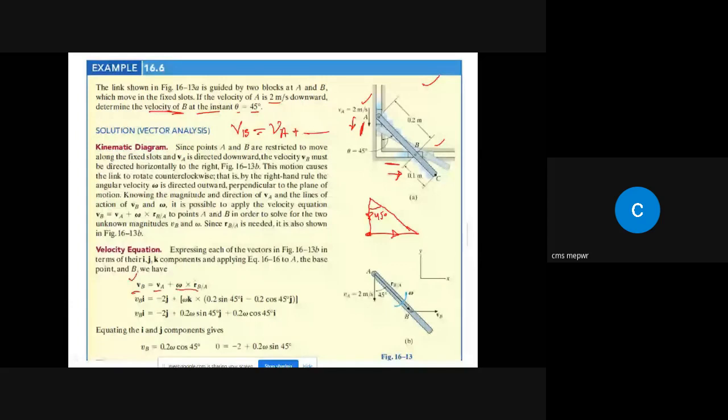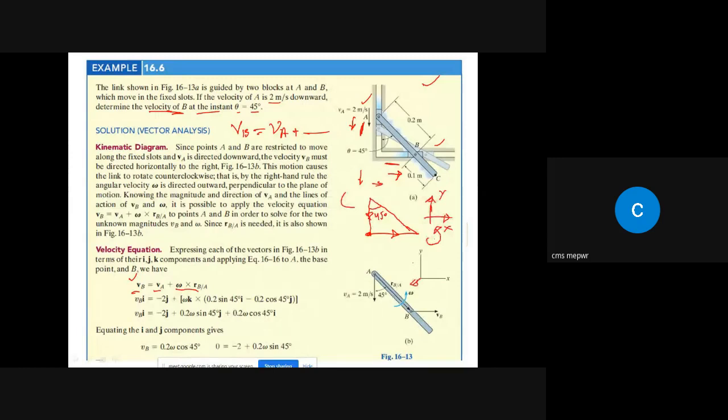So the position vector, okay, let's see. This motion is downward, this one is to the right side. So rotation is like this, and let's say this is X and this is Y. If we have a counterclockwise direction, according to the right hand rule, the thumb gives us the direction perpendicular to the plane.